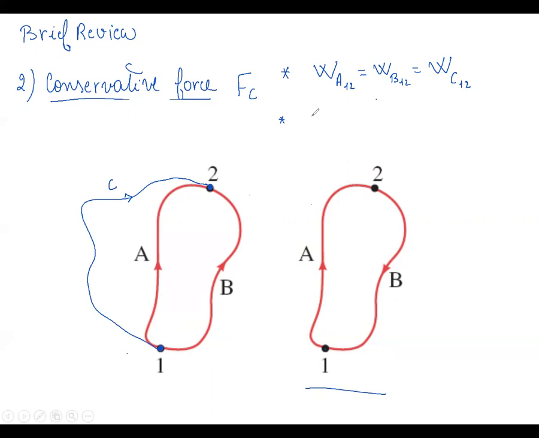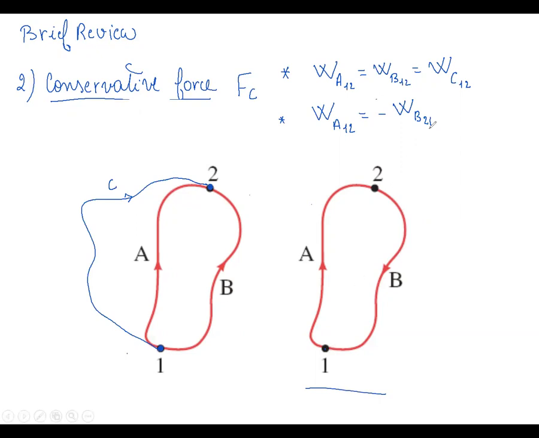The second point, let's take this figure. We can say omega through path A from 1 to 2 equals minus omega through path B from 2 to 1. Omega from here to here equals minus omega from 2 to 1.